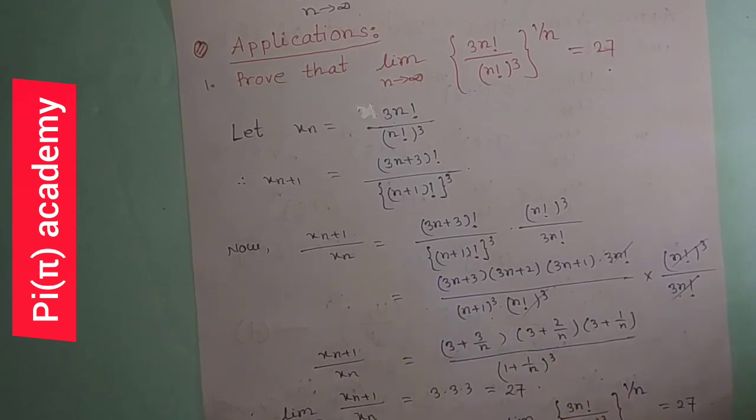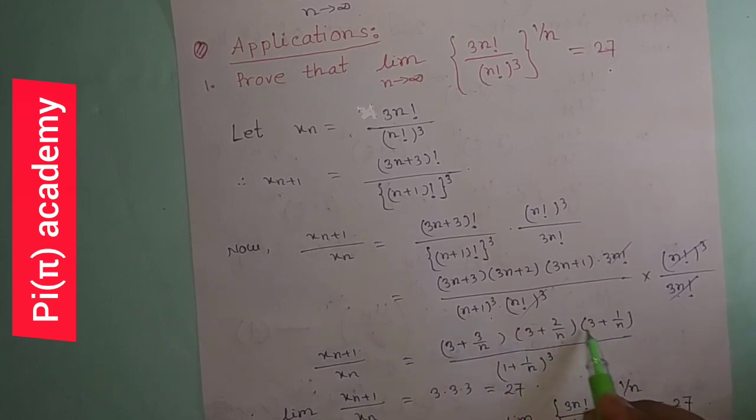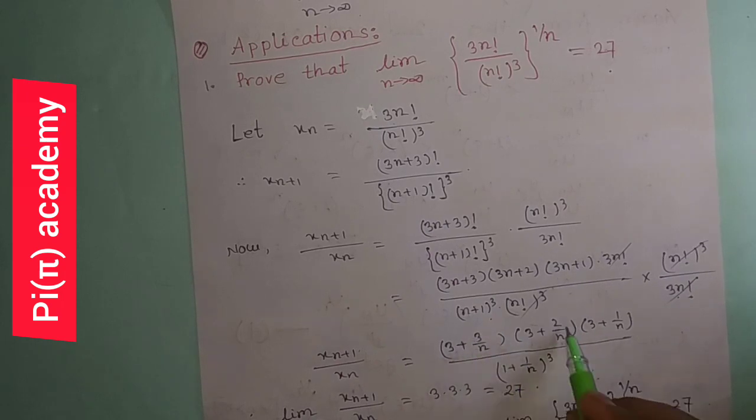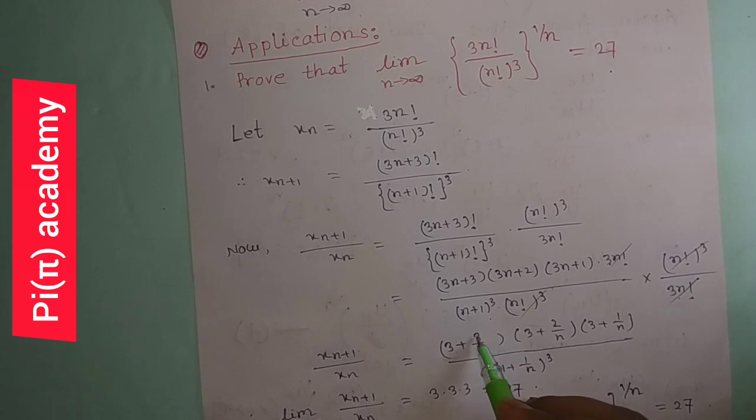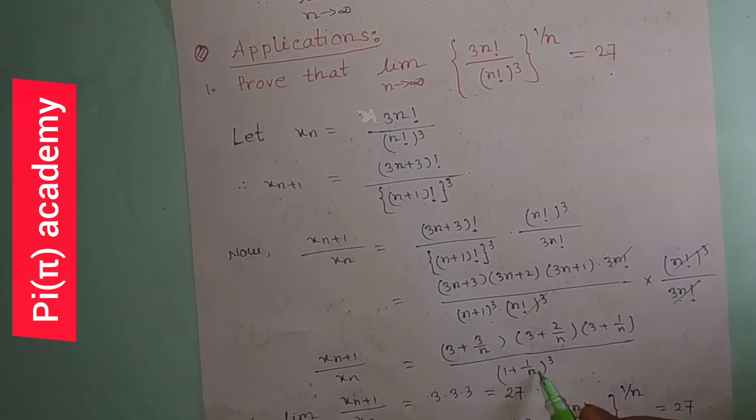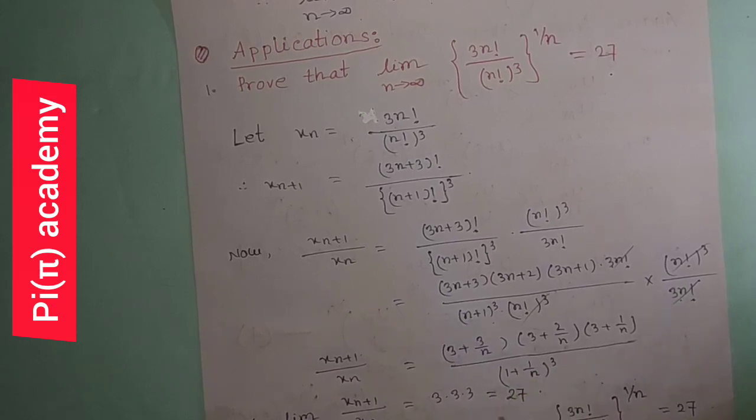Now limit n tends to infinity x_(n+1) divided by x_n equals 3 into 3 into 3, and the other terms are 0, because 3 by infinity is 0, and 1 by infinity is also 0. Therefore we calculate this as 27.